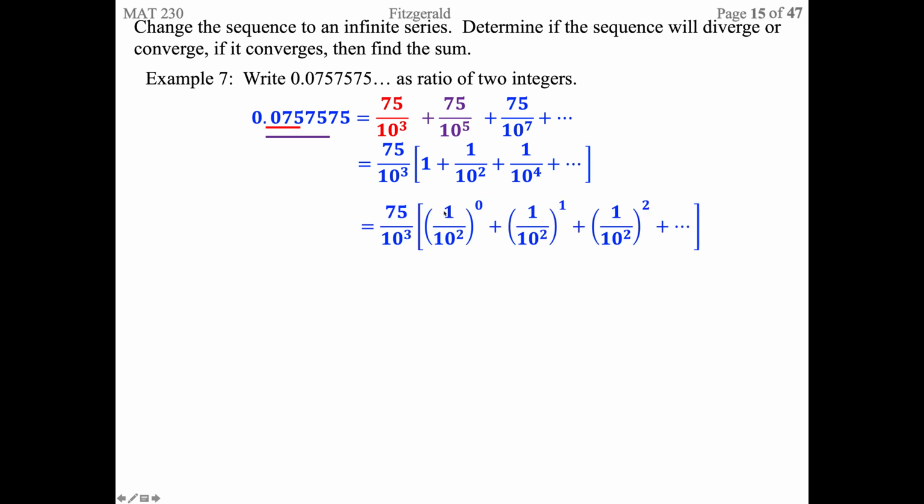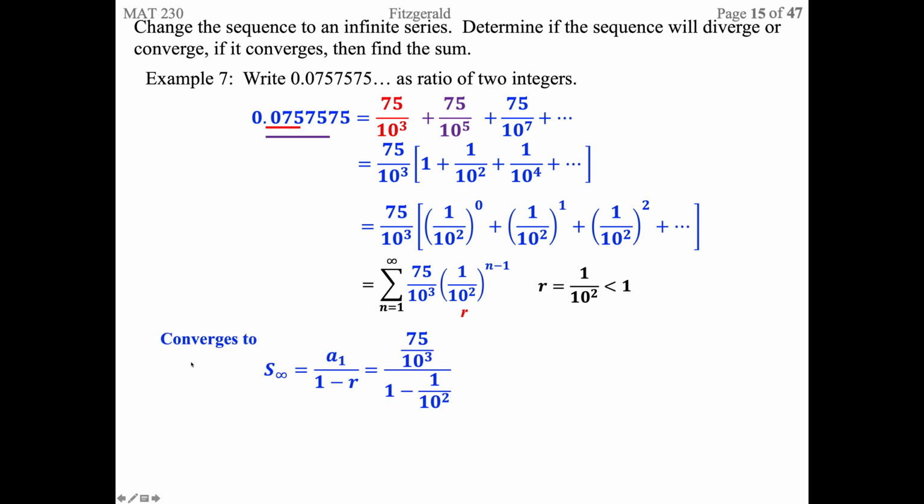So that 1 over 10 squared is my r. It's to the 0 power here, to the first power in the second term, and to the second power on the third term. So that's my n minus 1 for the exponent. This is when n is 1, n is 2, n is 3, one less on those powers. There's my r, definitely less than 1, so it's going to converge.